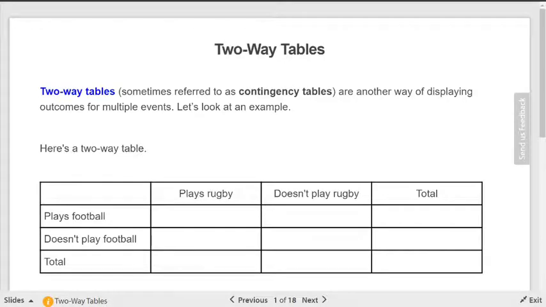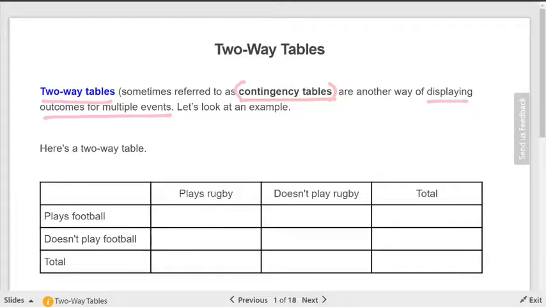So two-way tables, so this should go in your notes, yep. Two-way tables, which are sometimes referred to, so you can put that in a bracket, contingency tables, are another way of displaying outcomes for multiple events. Right?